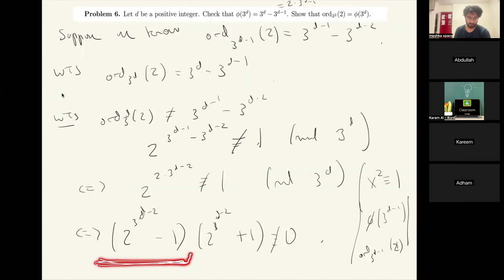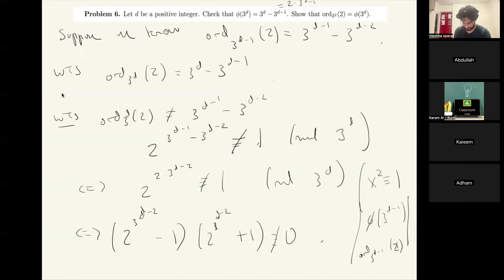No, actually, the induction hypothesis tells us that the order of 2 mod 3 to the d equals the order mod 3 to the d minus 1 or 3 times the order mod 3 to the d minus 1. And what we are doing now is we want to prove that the order mod 3 to the d minus 1 is not the order mod 3 to the d.